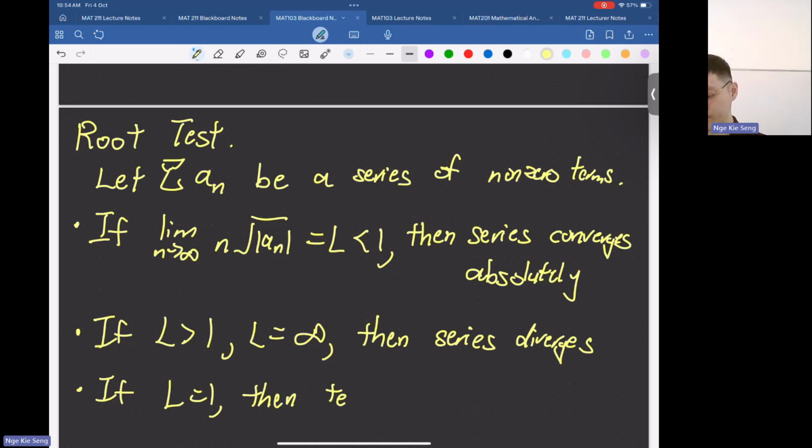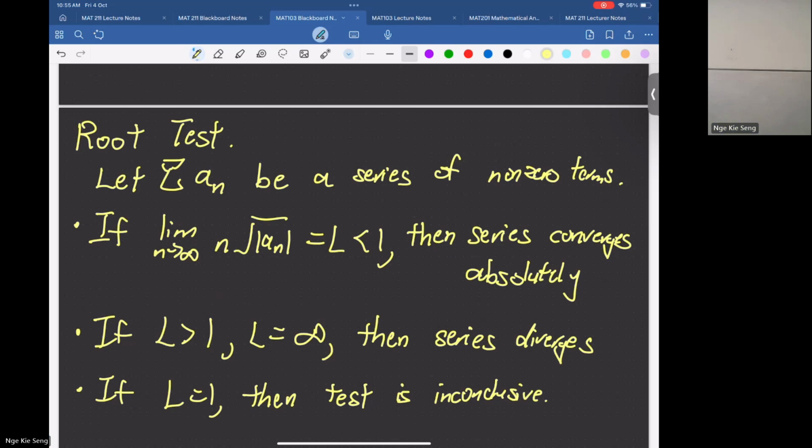You don't know what happened. The only thing you need to hope for when you use these two tests is the previous two situations. You want to hope that this limit is less than 1 or greater than 1. If it's equal to 1, then you need to try other things.